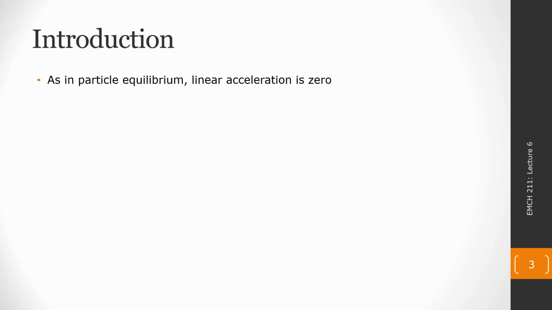Like we saw for particle equilibrium and for 2D rigid body equilibrium, part of the requirements for static equilibrium is that all linear accelerations are 0. So here in 3 dimensions, we need to guarantee that our linear acceleration in the x, the y, and the z direction are going to be 0.